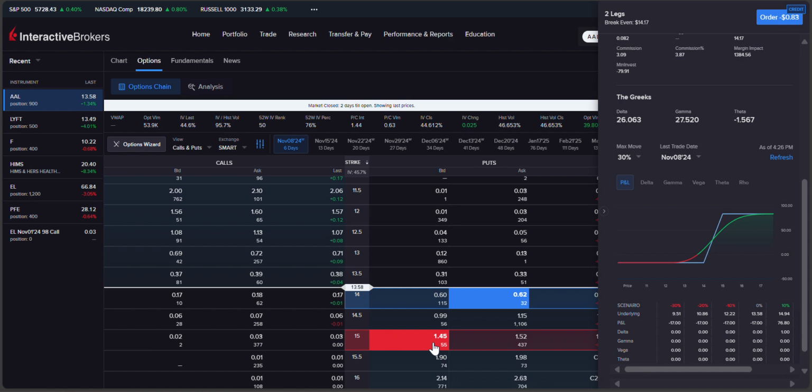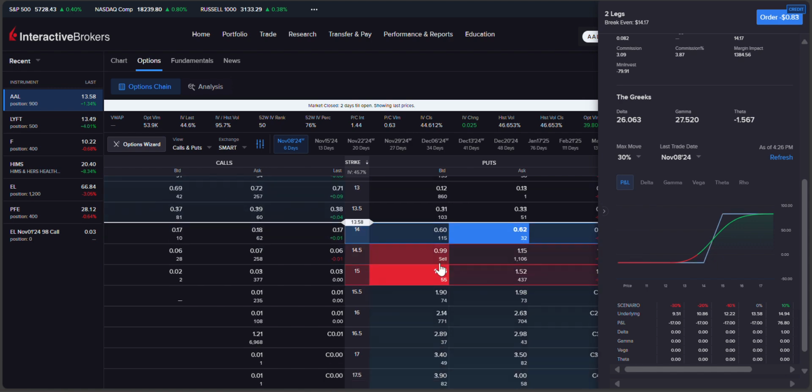I mean, if the trade goes against you, it will go right here. The stock goes down in price, you'll have a loss of $1 per stock, because this put will be exercised and this put will also be exercised. So you will buy the stock at 15 and sell it at 14, right?